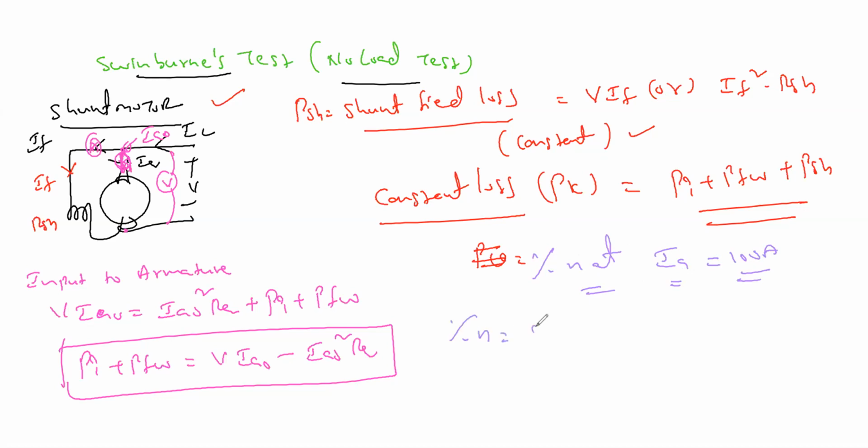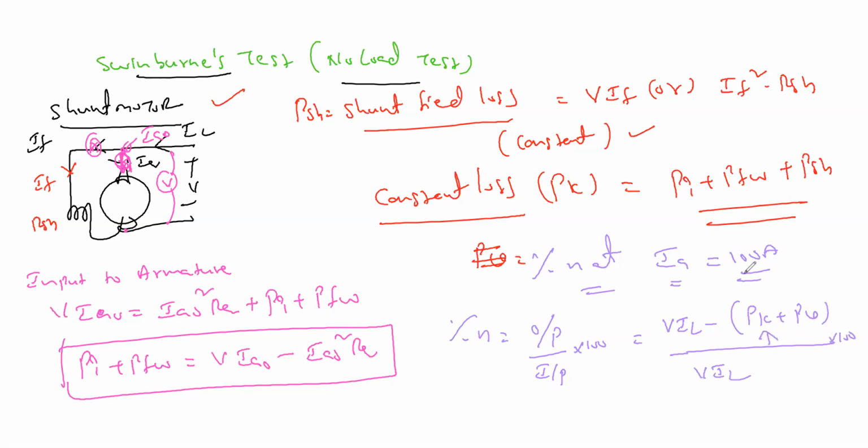Percentage of efficiency is output upon input into 100. So whatever it may be, generator motor, ये वाला केस में motor है, तो input पता है, so input V into IL minus loss. Loss is PK plus PV, variable loss, constant loss, and your input is V into IL.